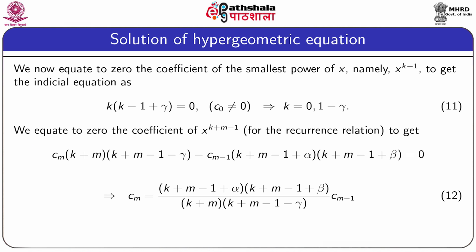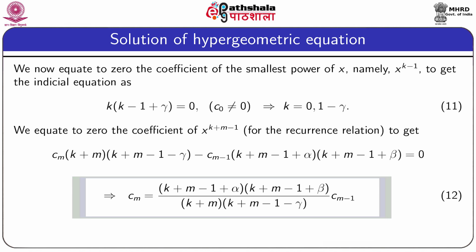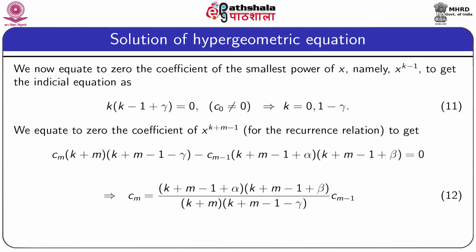Rearranging the terms, we will get equation 12, which is C_m equal to (k+m-1+alpha)(k+m-1+beta) divided by (k+m-1+gamma) into C_(m-1).